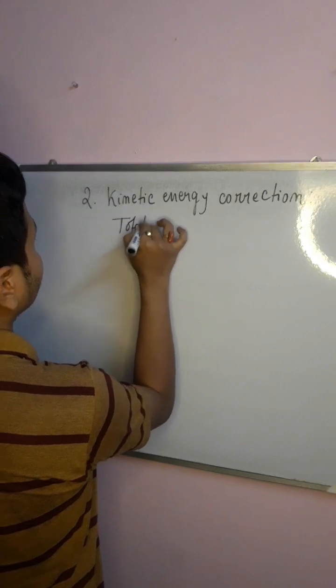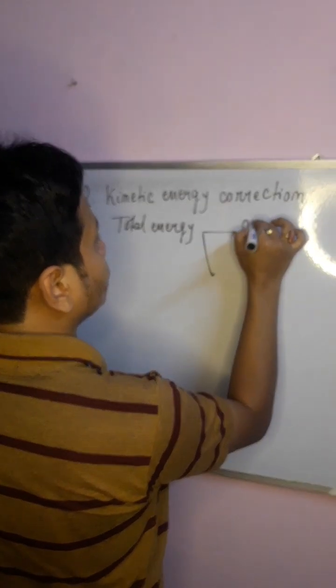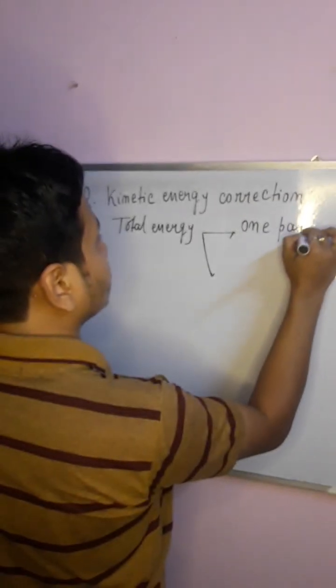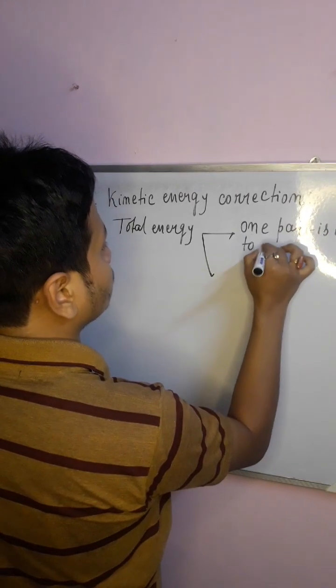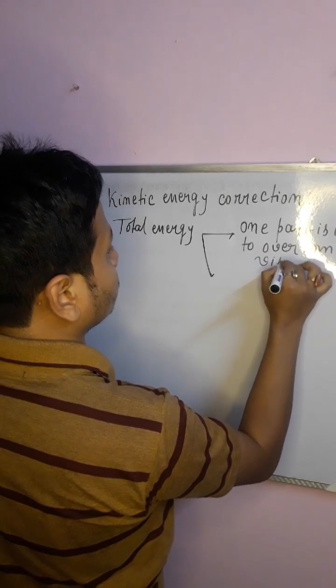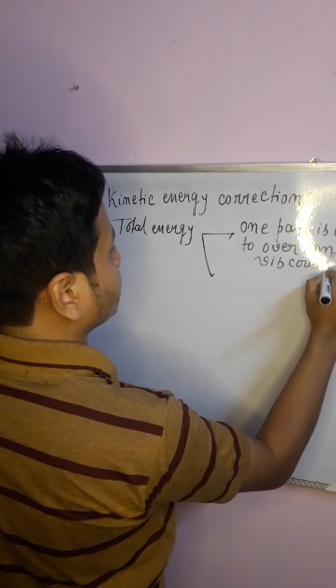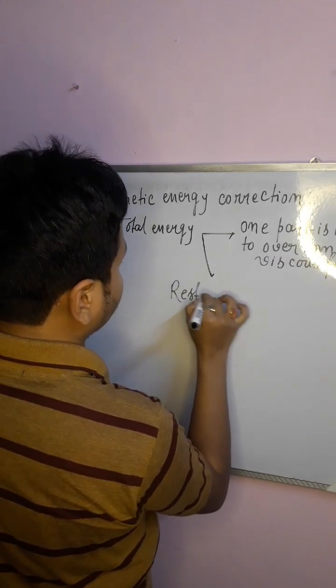So the total energy can be divided into two portions. One part is used to overcome the viscous force, and the rest is converted to kinetic energy.